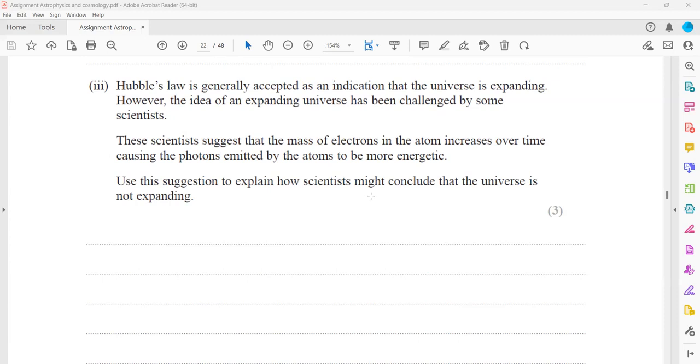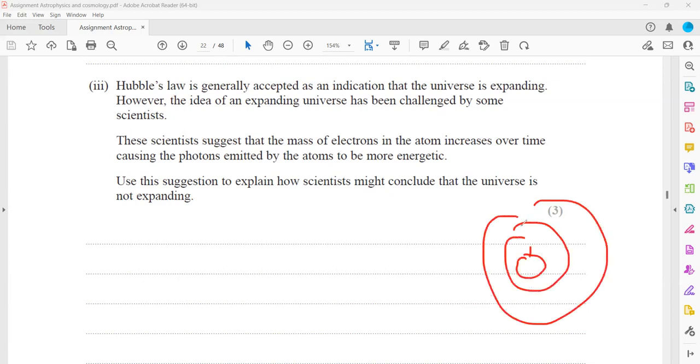So as time passes, the mass of the electron is increasing, so they release different photons when they transition between the shells. As they transition between the shells, the photon which is emitted will be different. With reference to that, use this to explain how scientists might conclude that the universe is not expanding. How do we conclude the universe is expanding?